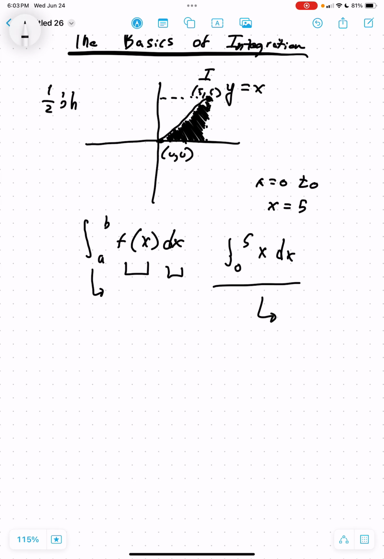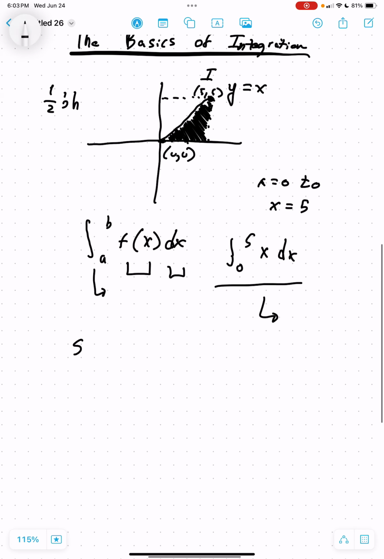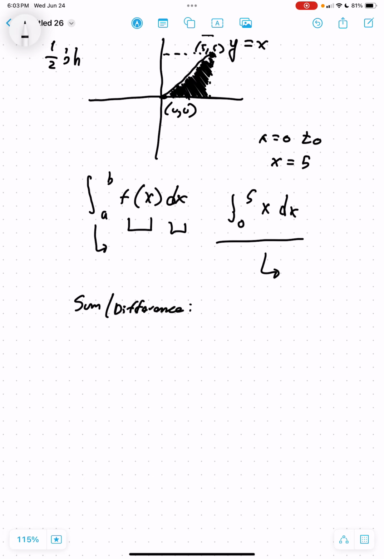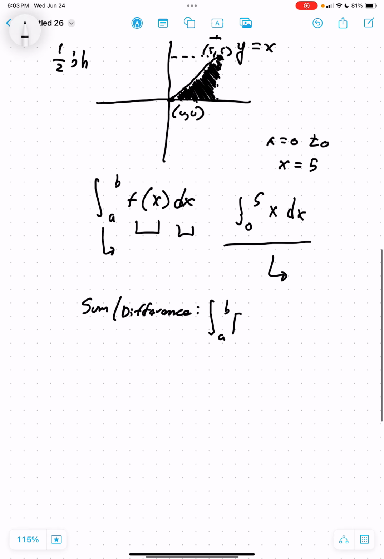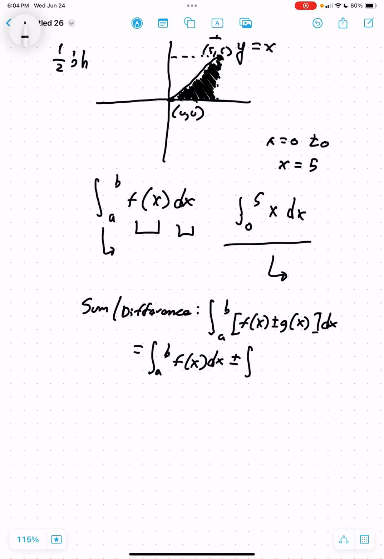So the basics of integration include the sum and difference rule, and the sum and difference rule states that the integral from a to b of f of x plus or minus g of x, so two functions, dx, equals the integral from a to b of f of x dx plus or minus the integral from a to b of g of x dx.